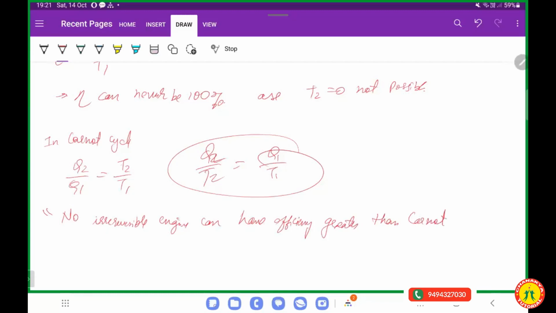And so we say Carnot is ideal. Carnot is also reversible, working between hot and cold reservoirs.